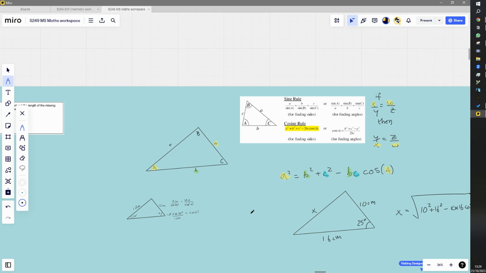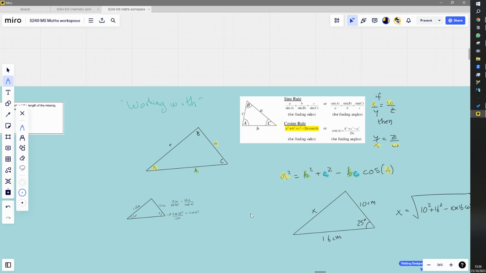So the phrase I always use is this idea of working with. The reason I use that phrase is because a lot of the time students and teachers will say, what information are you trying to find, or what information do you have? But you need to know both of those things. So take all the things that you are trying to find as well as the things you're trying to work out.